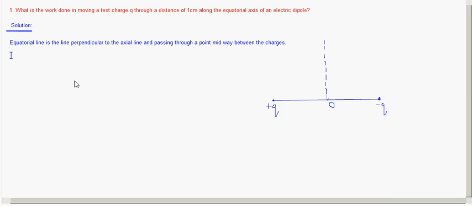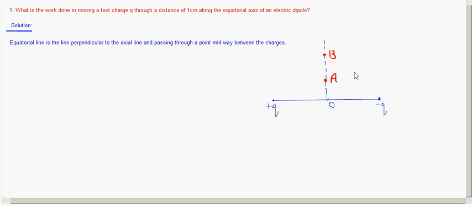Now the question is to find the work done in moving a test charge q through a distance of 1 centimeter along the equatorial line. Let us say we are considering two points A and B. We need to calculate the work done in moving charge q from B to A. Let the distance between A and B be 1 centimeter.